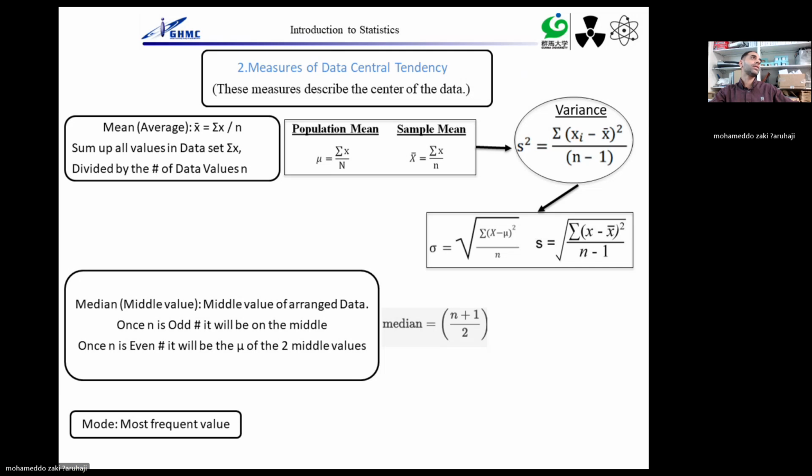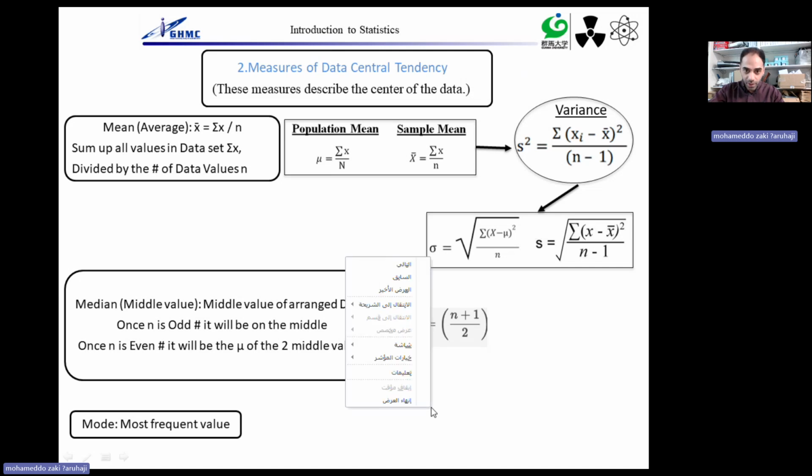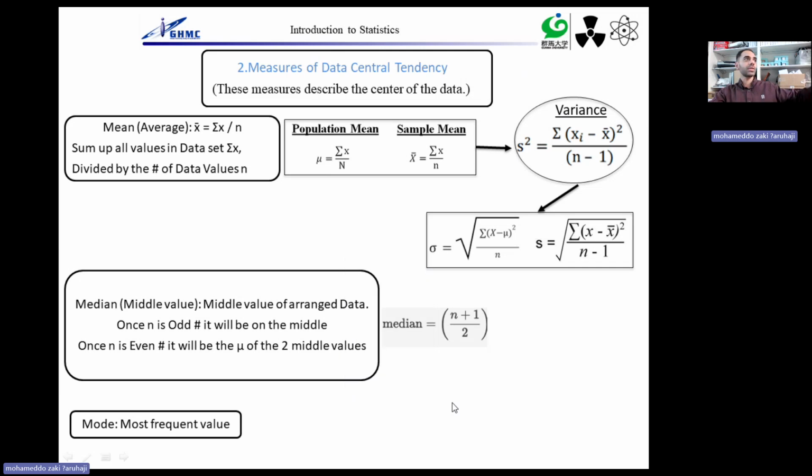So if I have, for example, a data set, can I write an example here? How can I write something? I don't think I can. Anyway, but I can write something here.